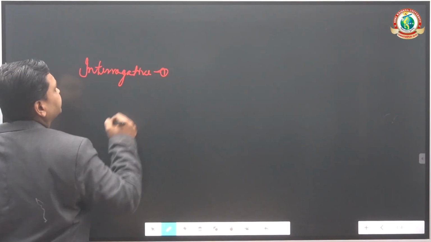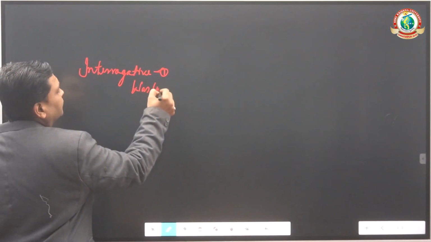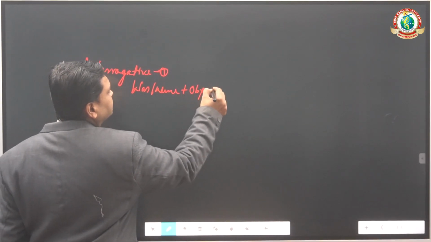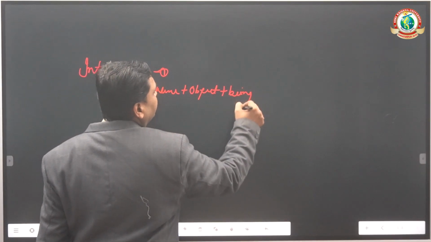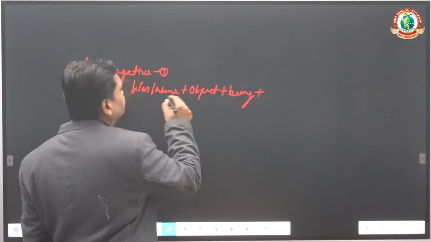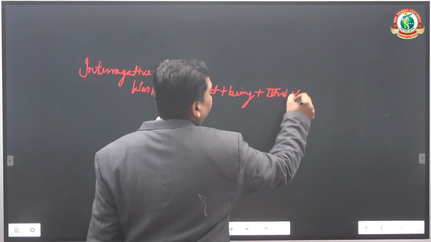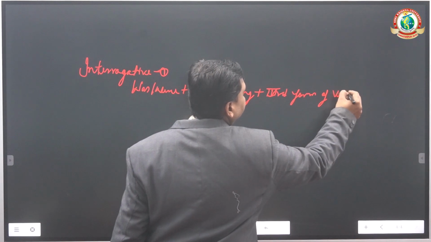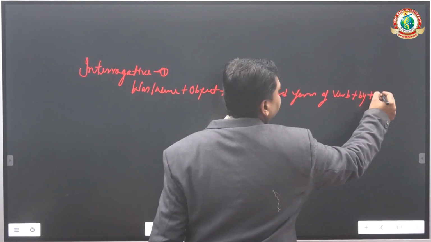Number 1. The sentence would be like that. Structure: was/were plus object plus being plus third form of verb plus by plus subject.